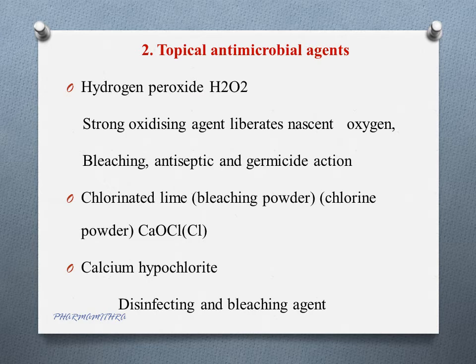Hydrogen peroxide acts as a strong oxidizing agent by liberating nascent oxygen. The second topical antimicrobial agent that is important is chlorinated lime, or bleaching powder, or chlorine powder, and its formula is CaOCl2, calcium hypochlorite. It also acts as an antimicrobial agent, disinfecting and bleaching agent.